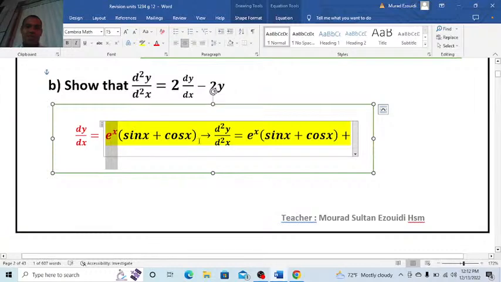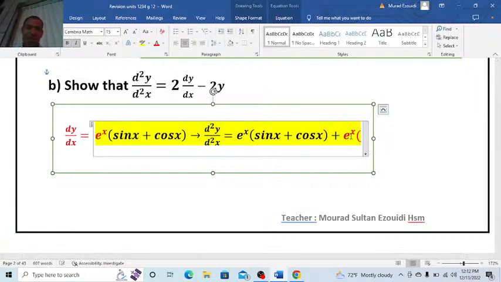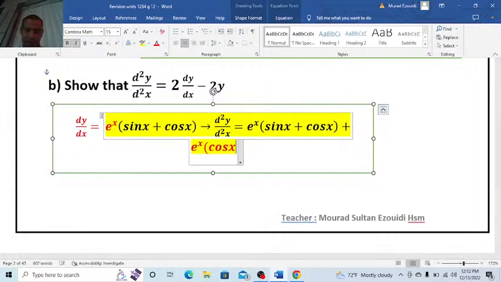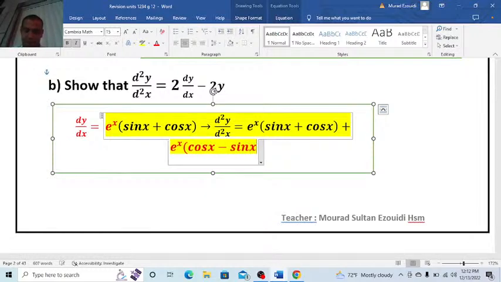I will write exponential of x, then open parentheses, the first derivative of sine is cosine of x, plus the first derivative of cosine is minus sine of x. Okay, I will close the parentheses.